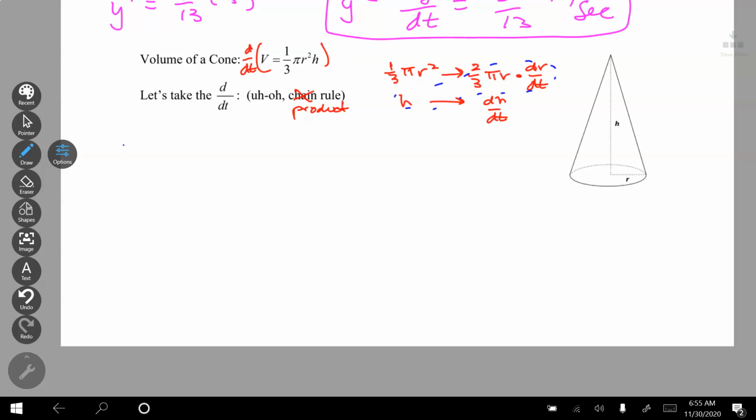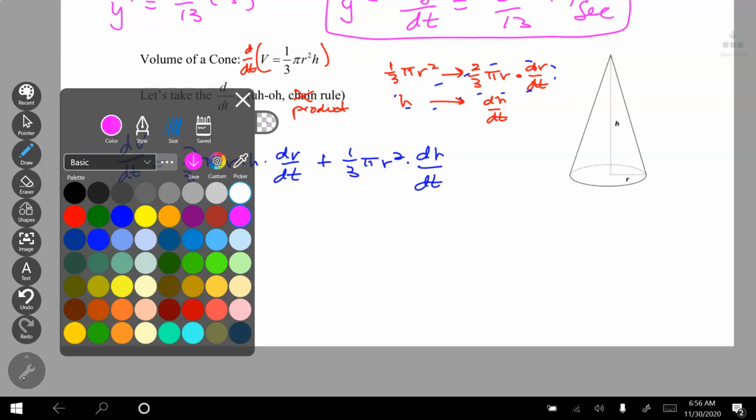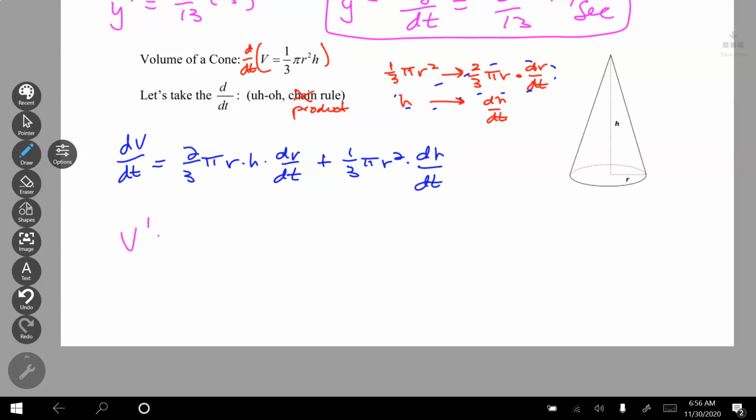So I get dv over dt is equal to 2/3 pi r times h times dr over dt plus 1/3 pi r squared times dh over dt. And if you want to rewrite this as v prime equals 2/3 pi r h times r prime plus 1/3 pi r squared times h prime.